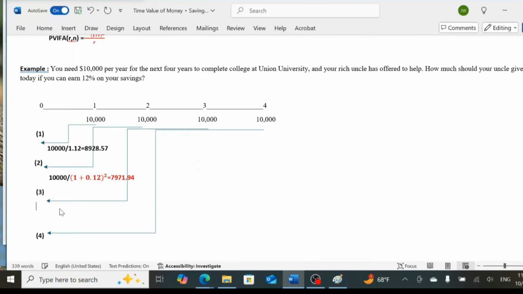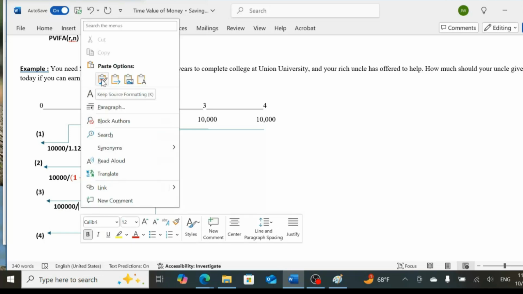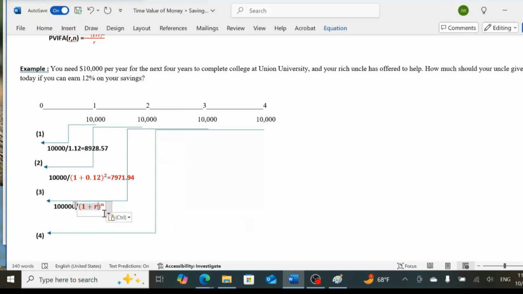Okay, what about the third check? You discount it this time to the third power.